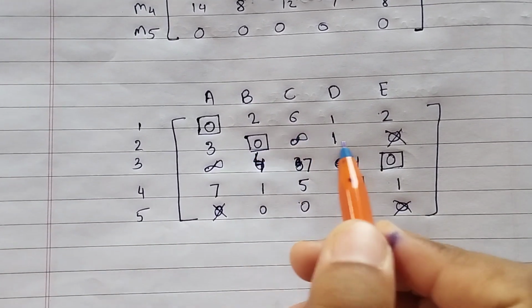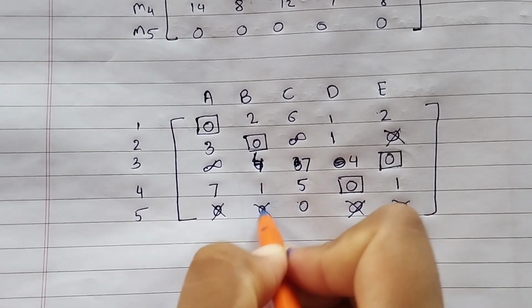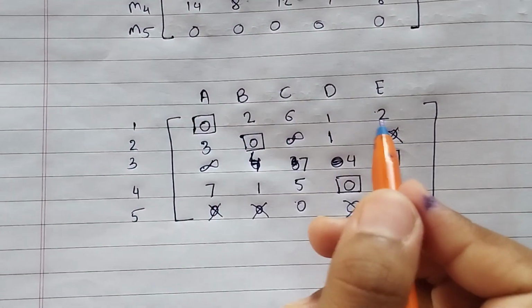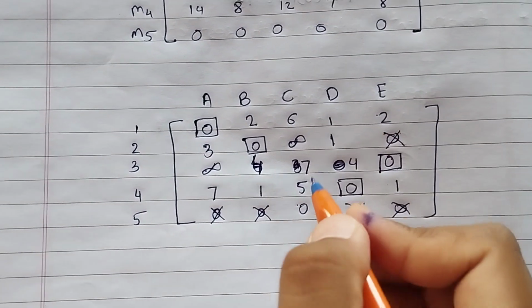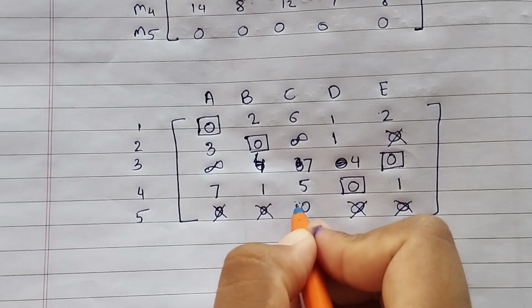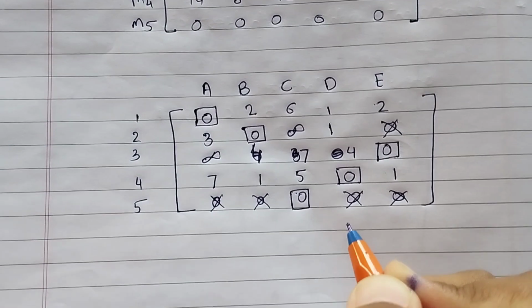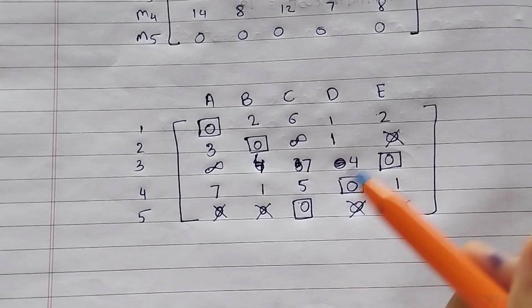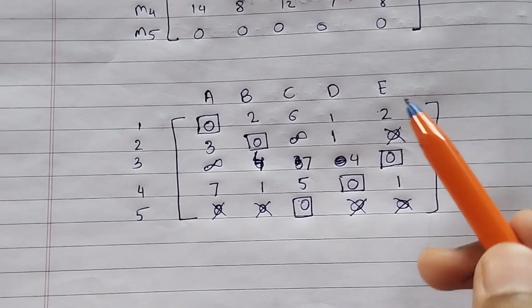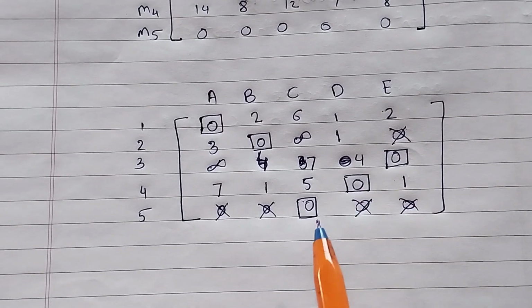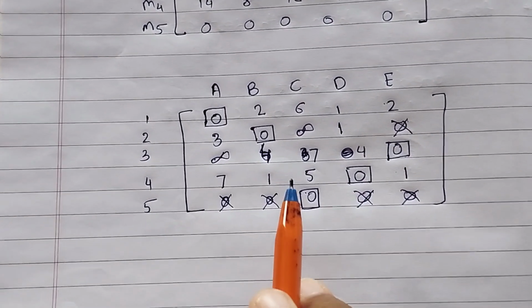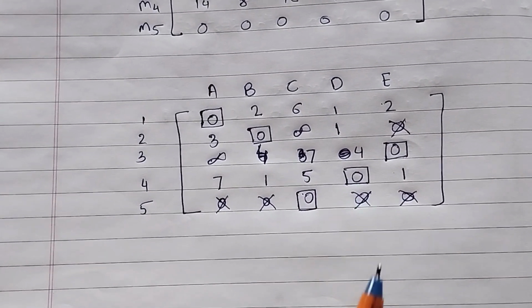So this is now a single 0. Cross off all the respective zeros from the row and column of the assignment. Now the last assignment is at the fifth row. If we see carefully, each row and each column now has exactly one assignment. So this is our optimum solution.